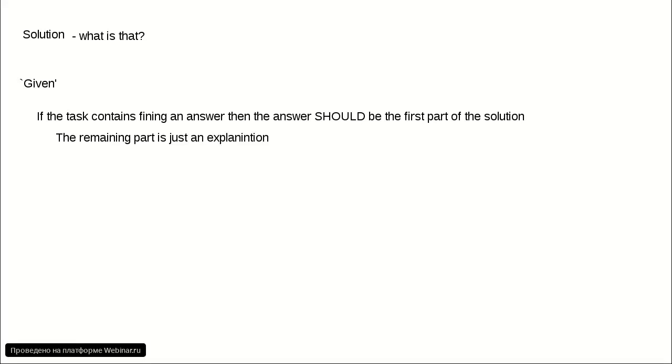So, speaking of the structure of a proof, we should start from an answer, and after that we should write down the explanation. And what is the explanation?